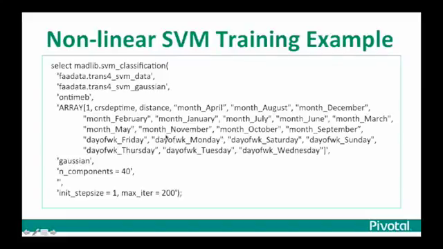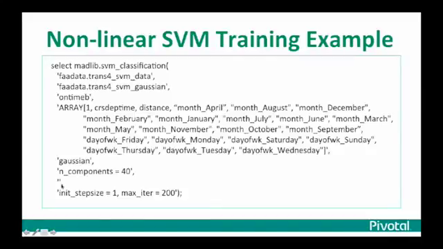With nonlinear SVMs, you would additionally specify either Gaussian or polynomial for the kernel trick. Here I chose Gaussian for this example. N components is the desired dimensionality for the transform space. I arbitrarily picked 40 for this example since I wanted something greater than the original 21 variables that I started with.